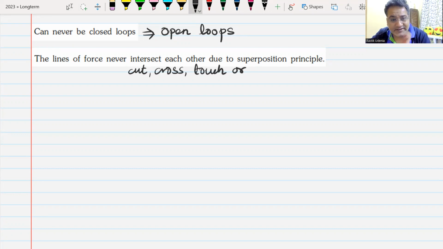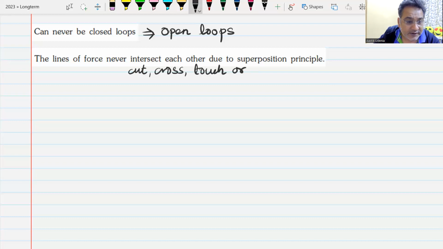Do we understand this? Yes, sir. Electric field lines can never touch, cross, or intersect each other, because if they do, you will have two directions of electric field at that point, which is not possible. Everyone is following me? Yes, sir.